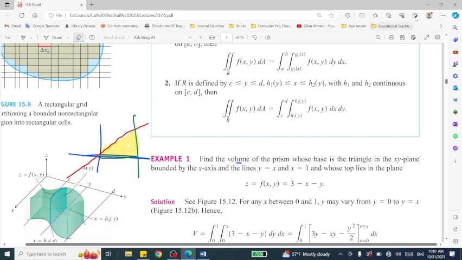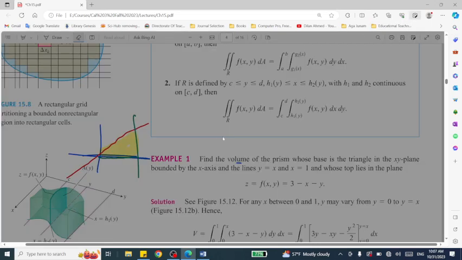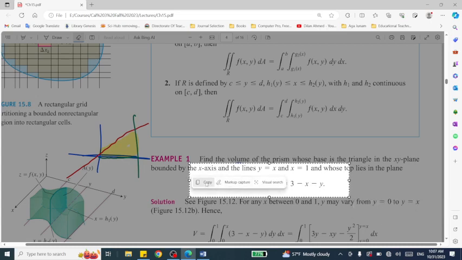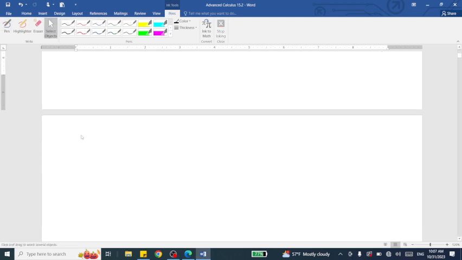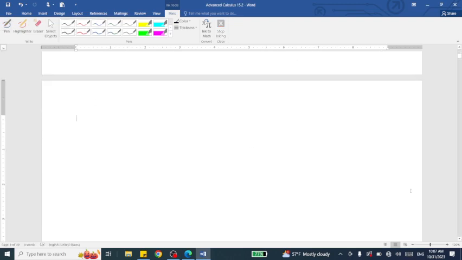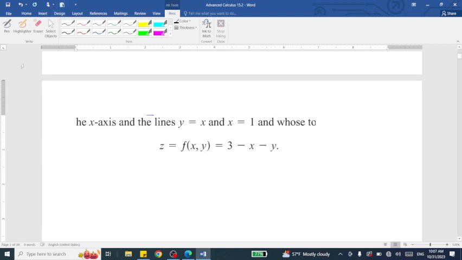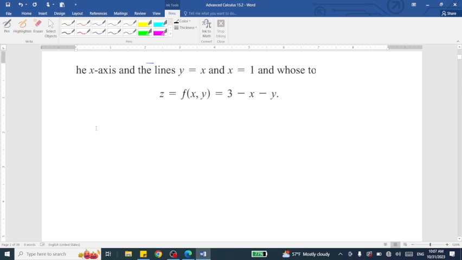Let me bring it to the other side and we solve together. Here is all that is given and asked. Now I'm going to a new page to have space. Before I start answering, I'm going to sketch the region.